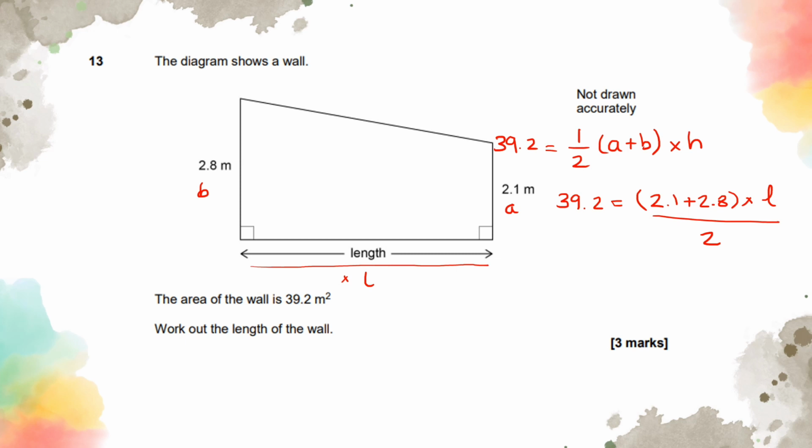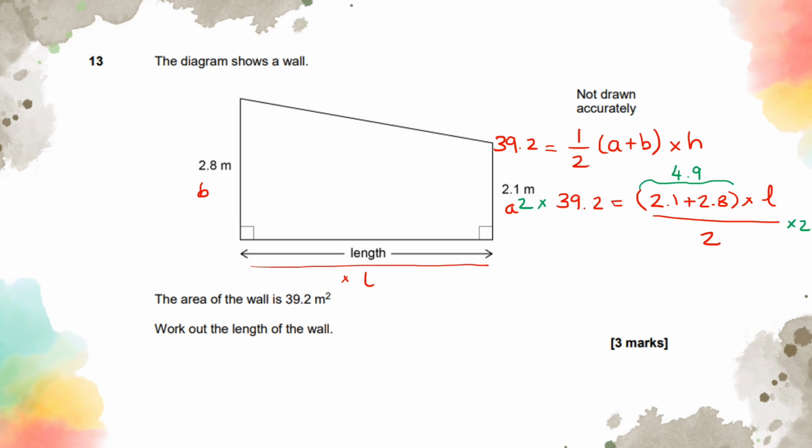I know that 2.1 and 2.8 is going to give me 4.9. So I'll write down 4.9 here. So times both sides with 2, and then we are going to divide both sides with 4.9.